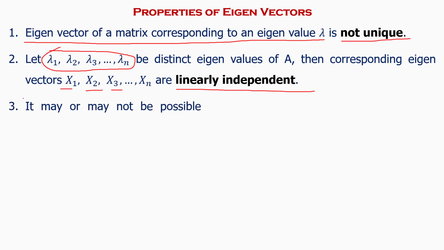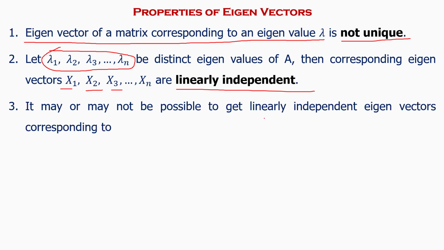Property number 3: it may or may not be possible to get linearly independent eigenvectors corresponding to repeated roots. So if the roots are repeated, meaning not all are different, then we may get linearly independent or linearly dependent eigenvectors.